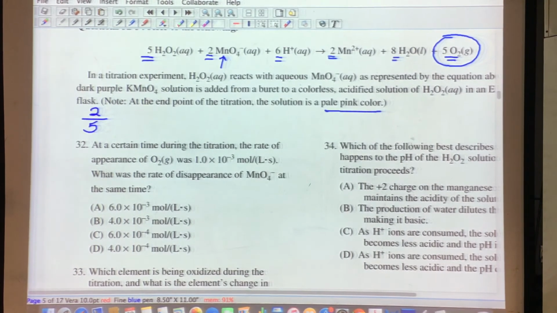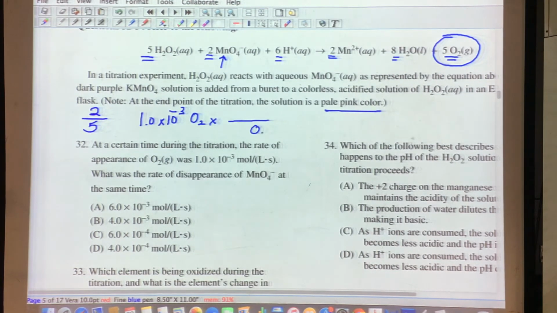If you don't see that, you can do this: 1.0 times 10 to the negative 3, we all know it's 0.001, and this is O2. Watch how I relate this. I want to get rid of my O2 to get my permanganate ion. What's the ratio? 2 to 5. Do you see how I'm grabbing that?